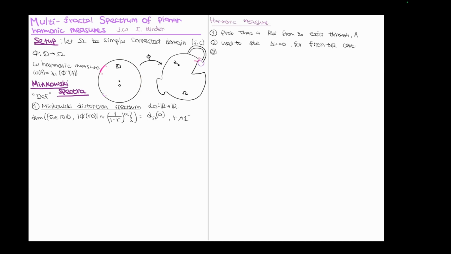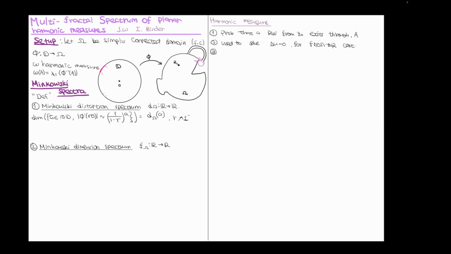Okay, the second one should come from the potential realm, from harmonic measures. Call it the Minkowski dimension spectrum. This will once again be a function which depends on the domain, except on some subset of the real line.